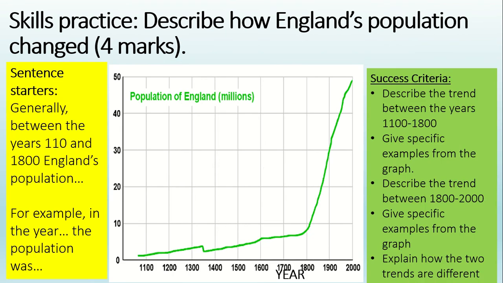So this is your success criteria. Describe the trend between the years 1100 and 1800. Give specific examples from the graph. This is you splitting up your descriptions to get sufficient detail. Describe the trend between 1800 and 2000, between these 2 places here, and give specific examples of that, and then explain how the two trends are different.